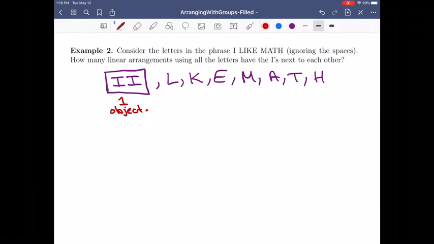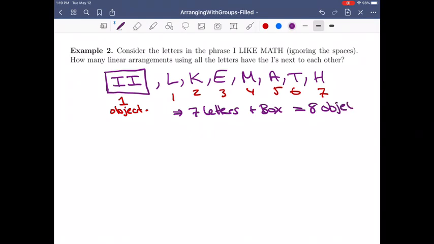So how many objects do I have in total? So I have a box, and then I have 1, 2, 3, 4, 5, 6, 7 letters. Okay, so we have 7 letters plus a box of letters. So we have 8 objects in total.